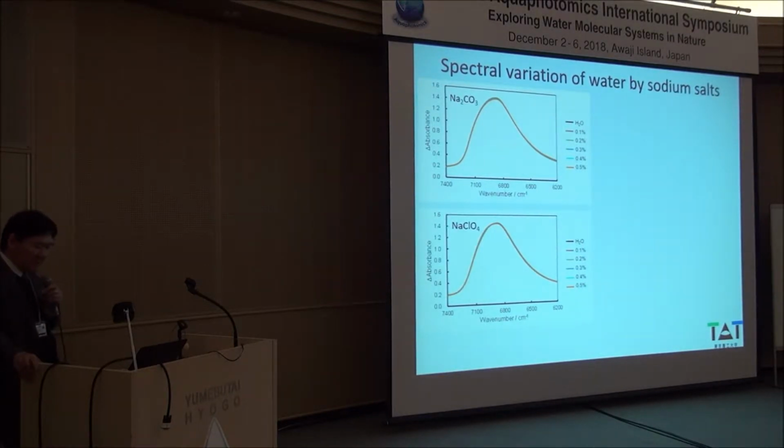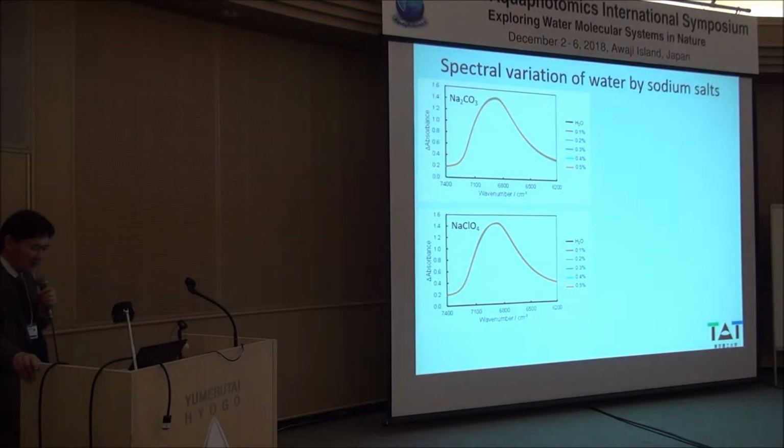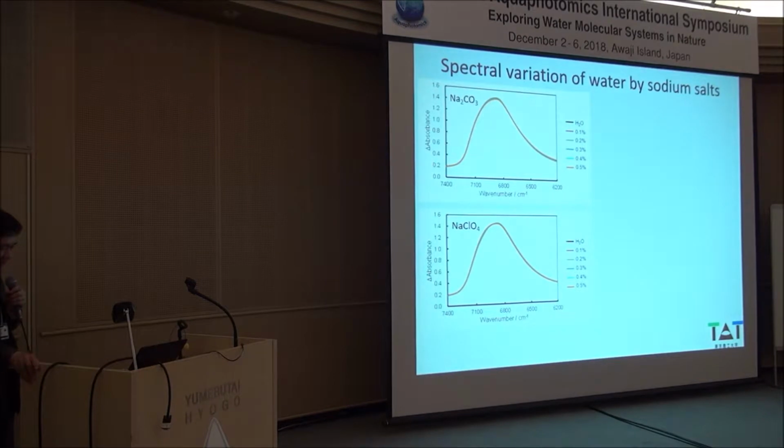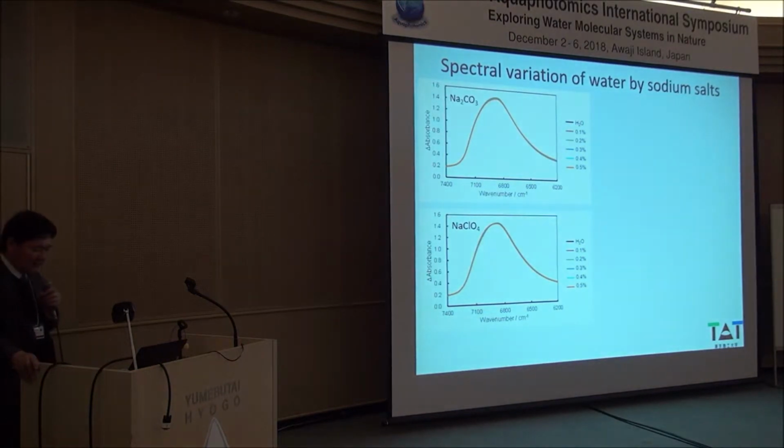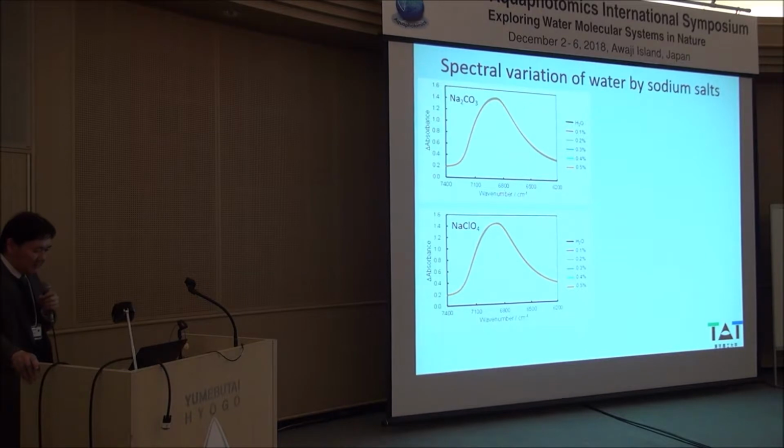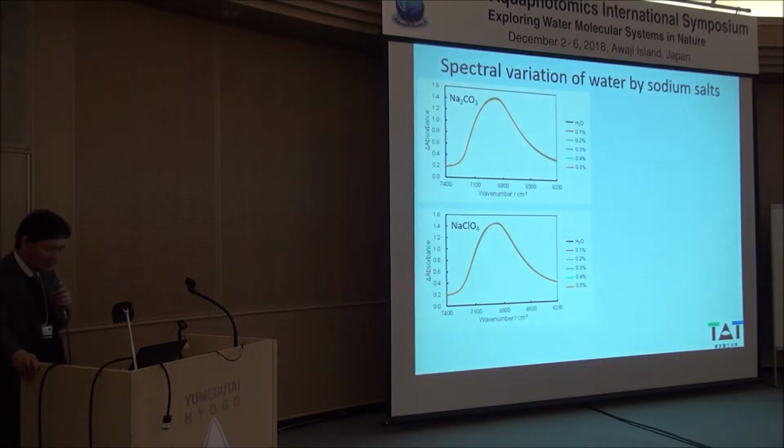As representative measurements, I will show you the results obtained for aqueous solutions of sodium salts. These are the spectra of pure water and aqueous solutions of sodium carbonate and sodium perchlorate at 5 different concentrations. The variations of the spectrum are so small because the concentrations of the solutions were very low.